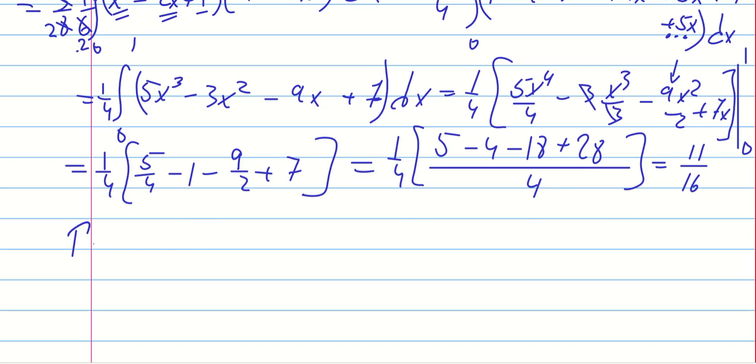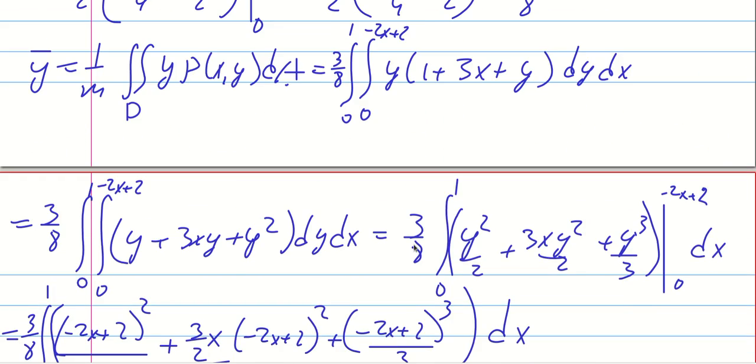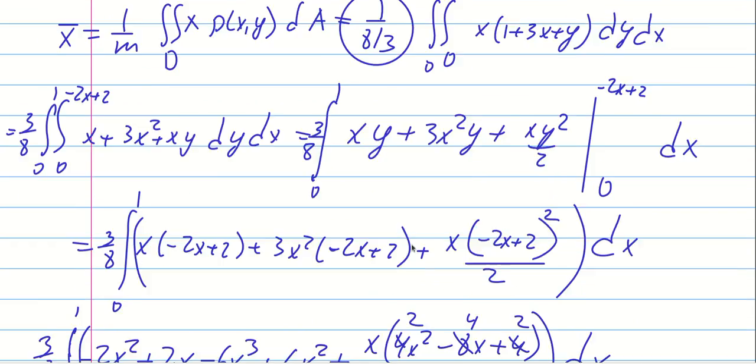So we say the center of mass is at parenthesis x bar, y bar equal to, so 11 over 16 is for y bar, and for x bar we have what?